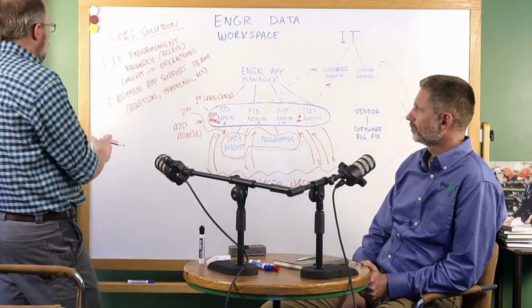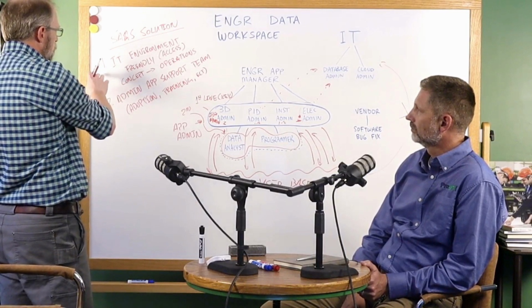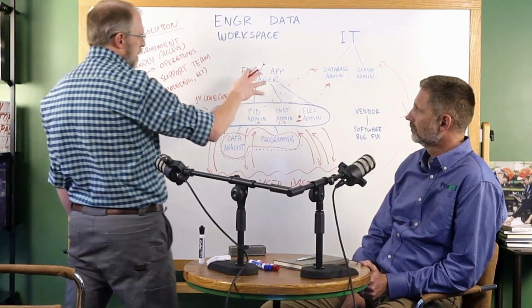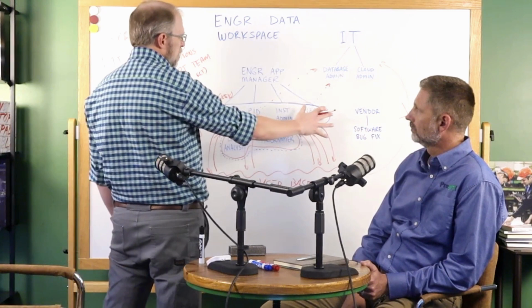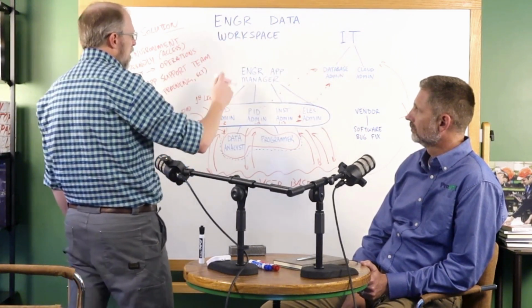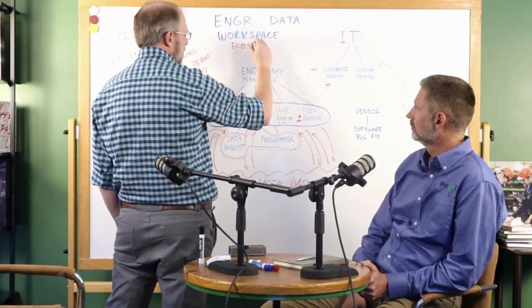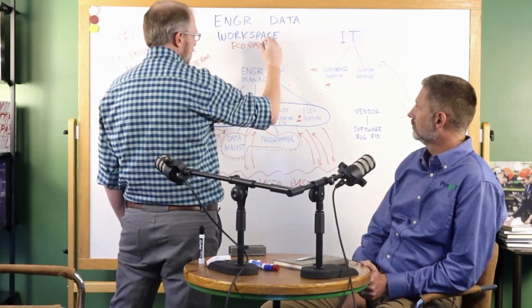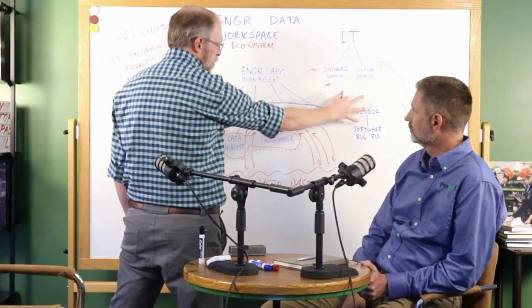Because when we're talking about a SaaS solution, I think the two things that are most important are, one, that you have that IT environment that facilitates this entire workspace. I'm going to call it an ecosystem because I know it makes you mad. Ecosystem for your engineering information, for your engineering data.